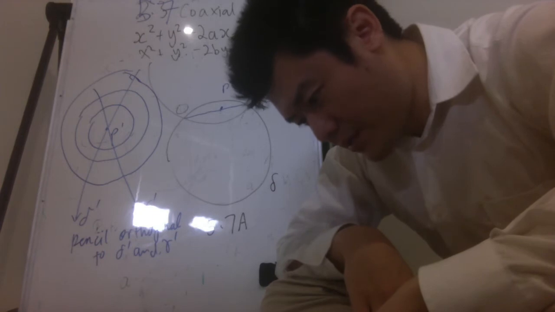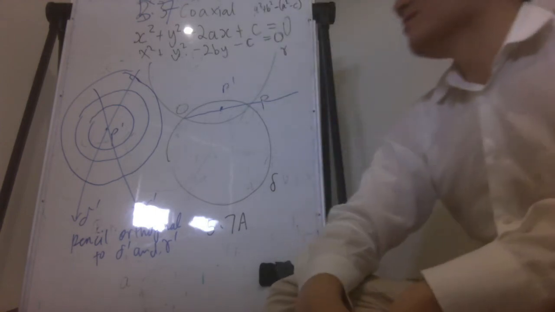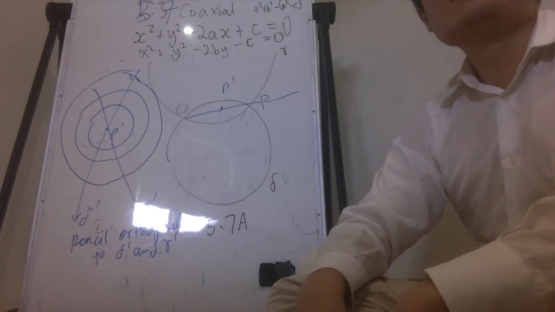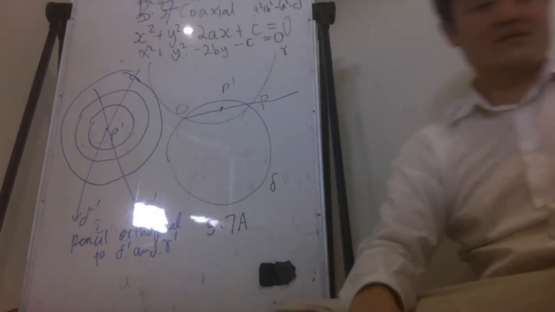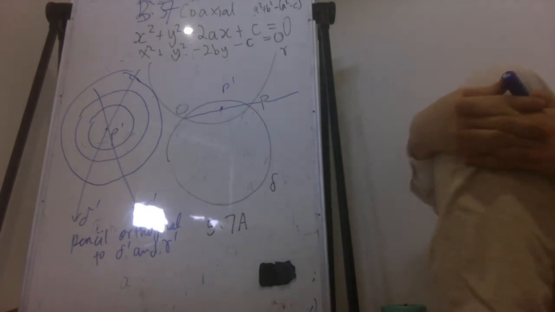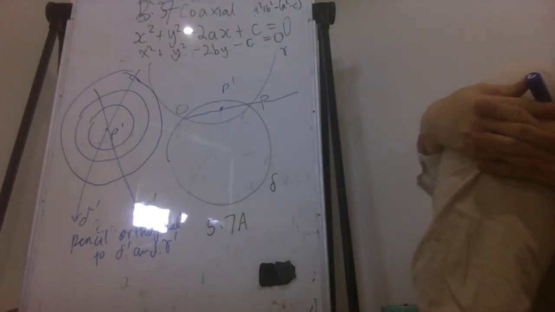So the pencil gamma delta inverts into the diameters of these concentric circles. What does that mean?